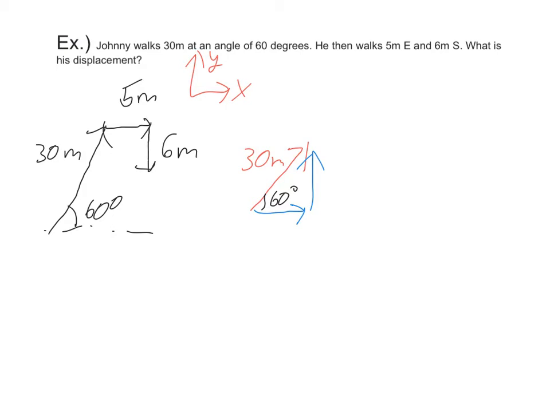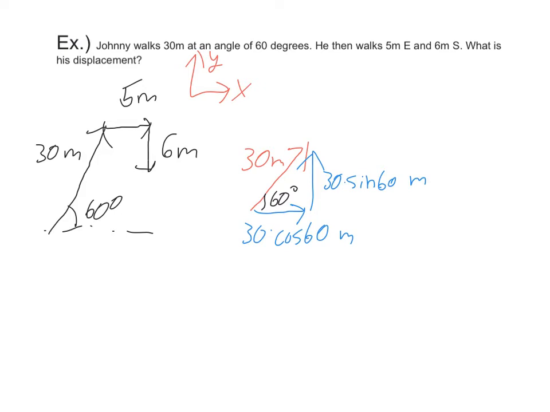If I wanted the magnitude for each of my components, the x component would be 30 times the cosine of 60 units of meters, and then my y component would be 30 times the sine of 60, also with units of meters. So now I'm going to ditch my original displacement vector and replace it in my picture with these two blue vectors. Here's what it'll look like after doing that replacement.